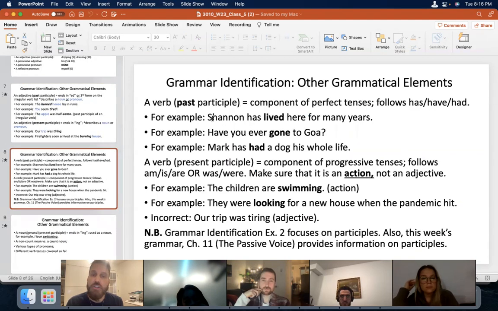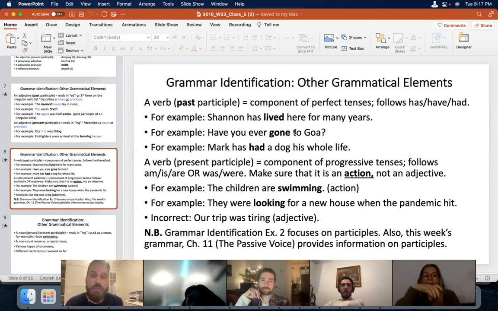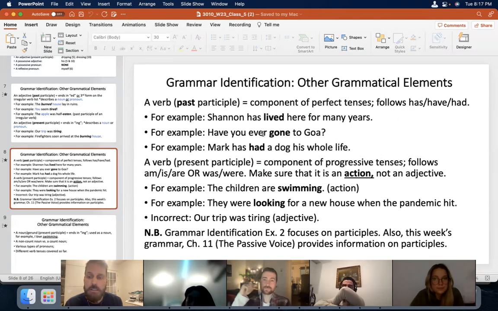Okay. Shannon has lived. Now here, the past participle can be used as an adjective and it can be used as a verb. So look here. Shannon has lived here for many years. Because I have an auxiliary and a subject, lived here is a past participle, but it's used as a verb. And have you ever gone to Goa? Gone is used as a, help me class, Megan, what's it used as?